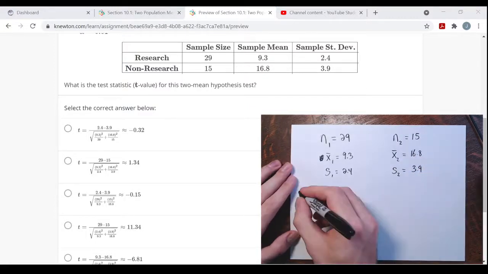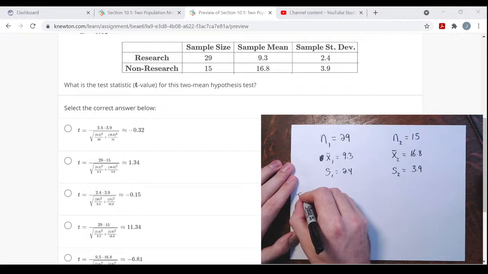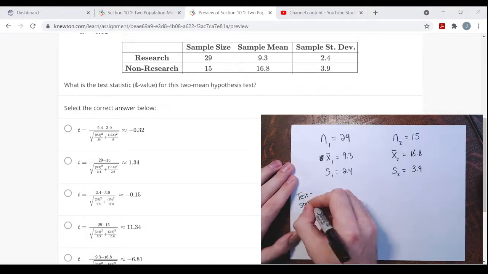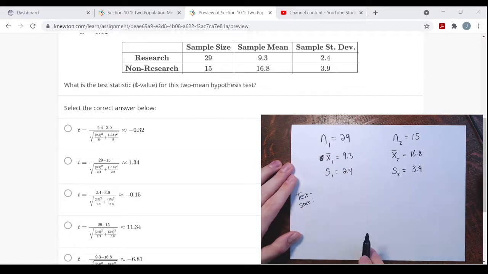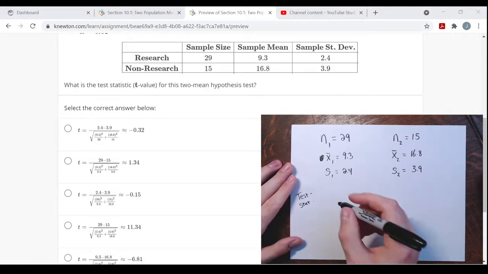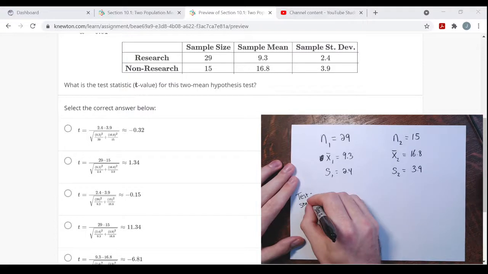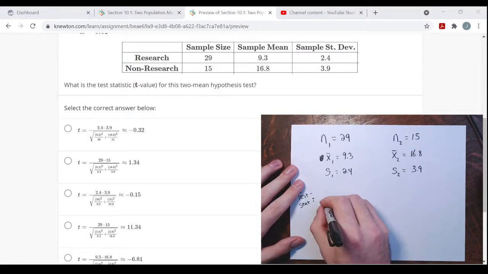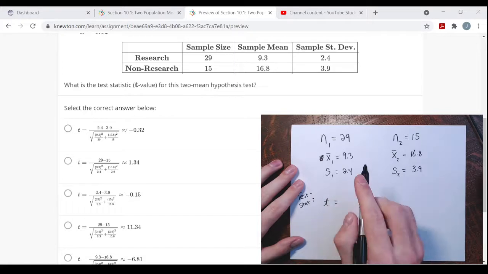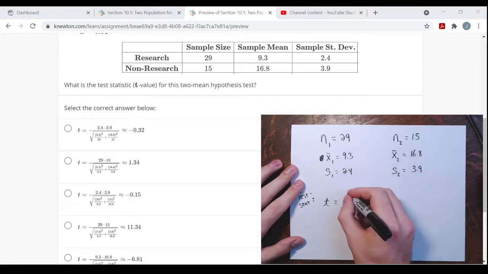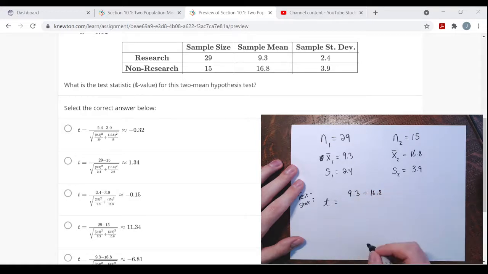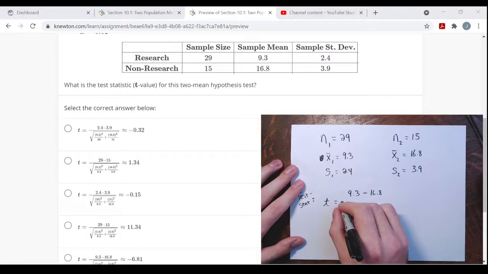Alright, and I'll just jump right into our test statistic. What's the test statistic? The t-score for the difference in these sample means, compared to a difference of 0 that we would assume from the null hypothesis. So again, the t-score is, take x1 bar minus x2 bar. In the numerator I have 9.3 minus 16.8, and then minus 0, but there's no need to write that.